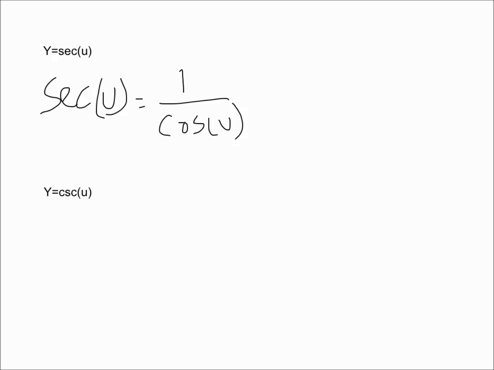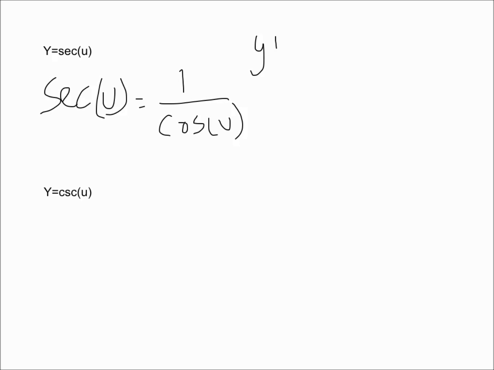The two other trig functions I want to talk about were the secant and the cosecant of u. The secant of u is the same as 1 over the cosine of u. You can follow the same procedure as before.